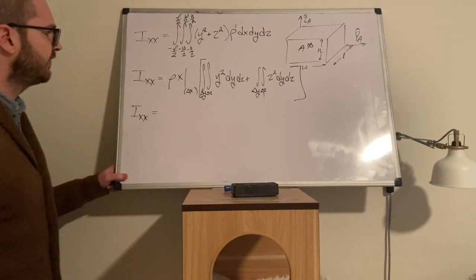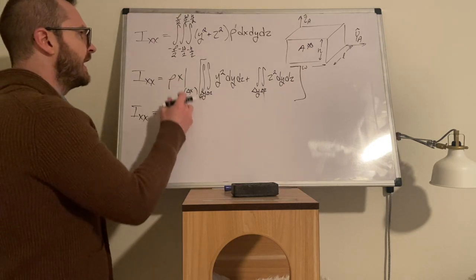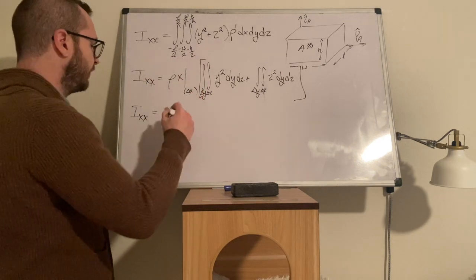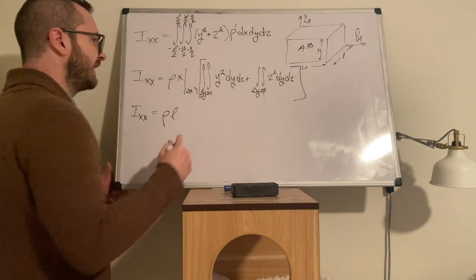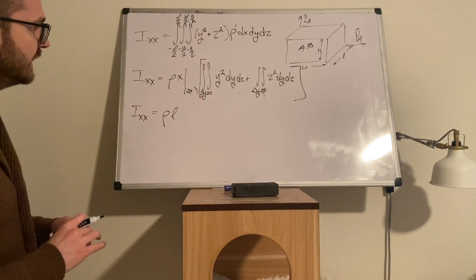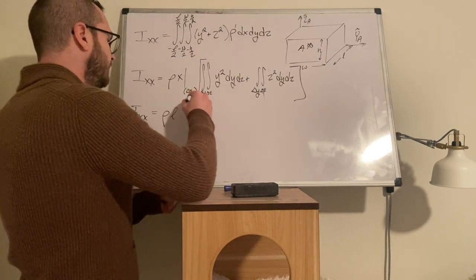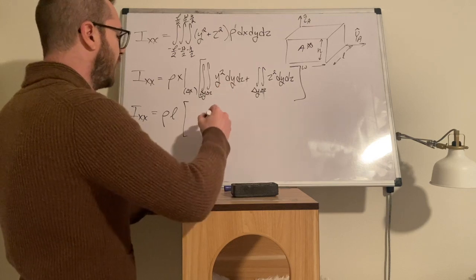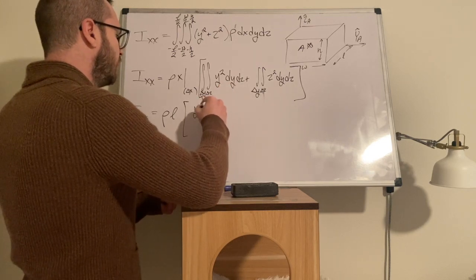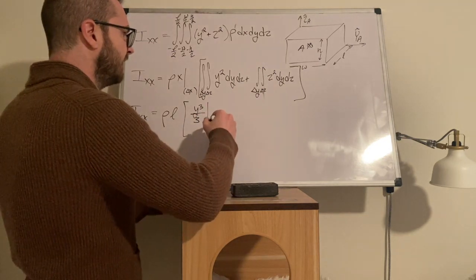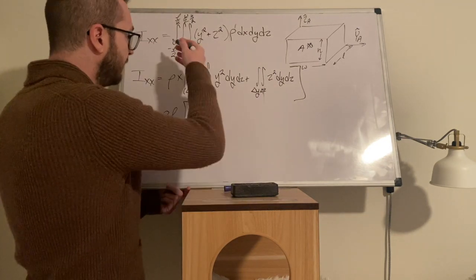Let's take care of this. If we evaluate the x from length over 2 minus negative length over 2, we're going to get density multiplied by the length. Next, in this first one, let's resolve the dy. So that's going to yield y cubed over 3, and we're going to evaluate this at those same bounds.